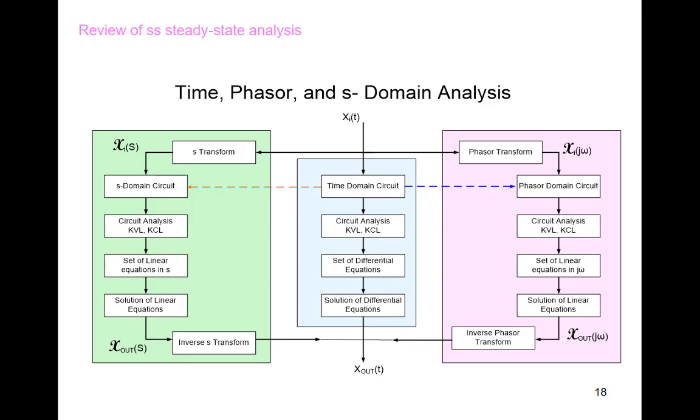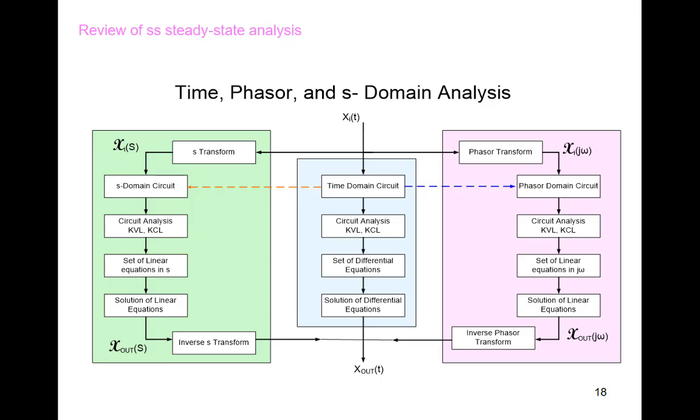So we replace inductors with impedances of j omega L, capacitors with impedances 1 over j omega C. And then we analyze the phasor domain circuit. And this gives us a set of linear equations in j omega. Then we solve those linear equations because it's a linear circuit. We're making the assumption it's linear. And then if we want to get back to the time domain output, we do the inverse phasor transform, and we get x out of t. Is this how you did it in 201? Yes. Okay.